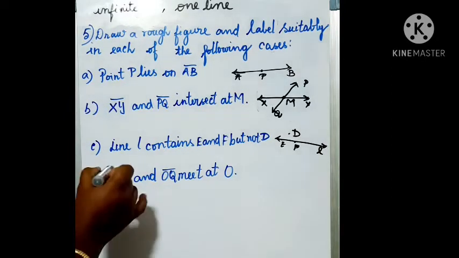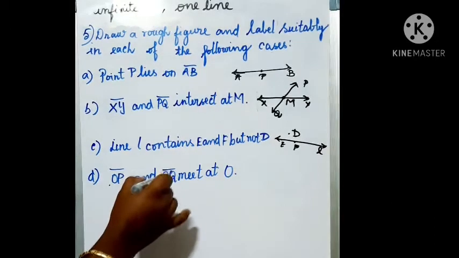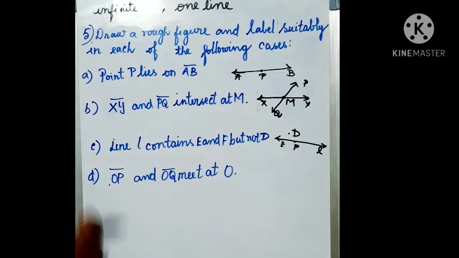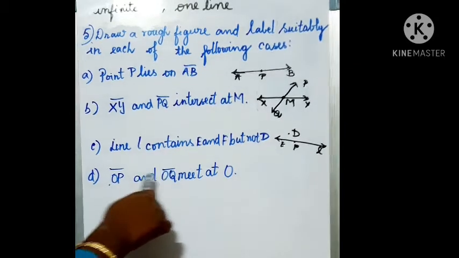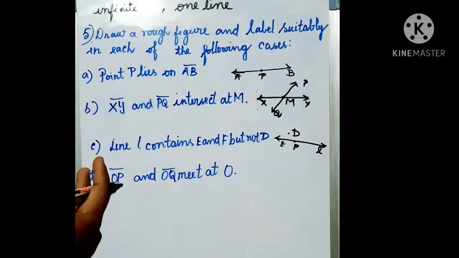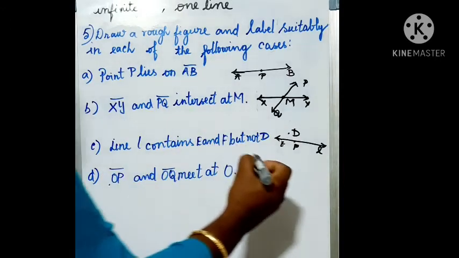Next, question D: the line segment OP and the line segment OQ meet at O. From this you can understand that both line segments contain O, so it should be a common point. There are two line segments, so there is a common meeting point.